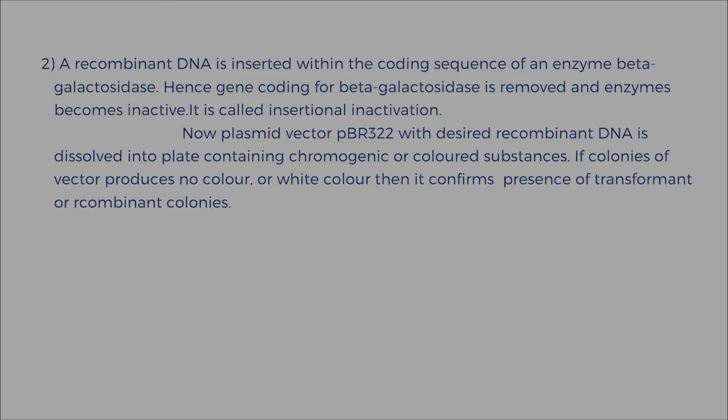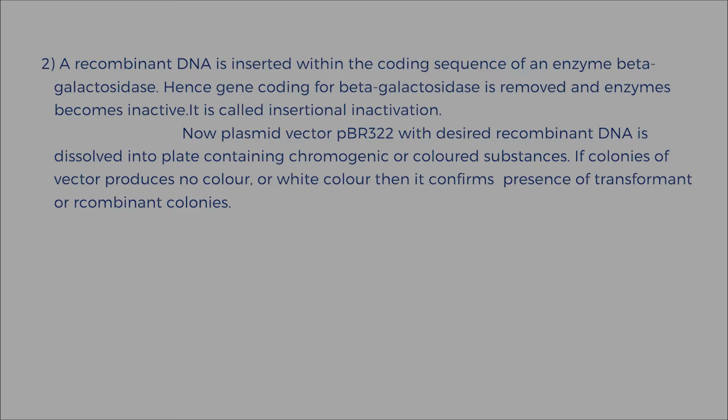Then the recombinant DNA is inserted within the coding sequence of an enzyme, beta-galactosidase. Hence the gene coding for beta-galactosidase is disrupted and the enzyme becomes inactive. This is called insertional inactivation.